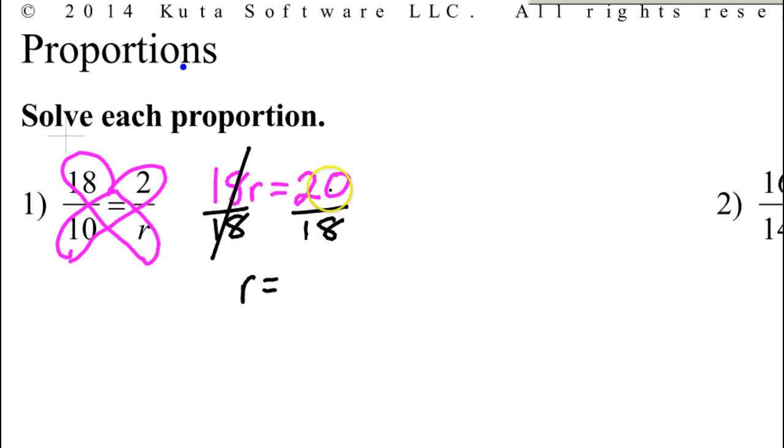What is it reduced to? No, that's a decimal. What is it reduced to? So if you divide top and bottom by, well, not 10, but 2, you get 10 over 9.